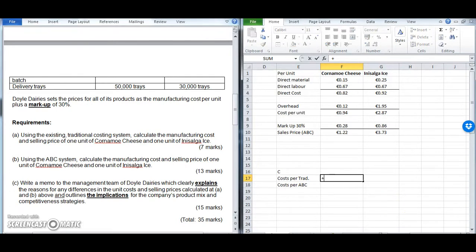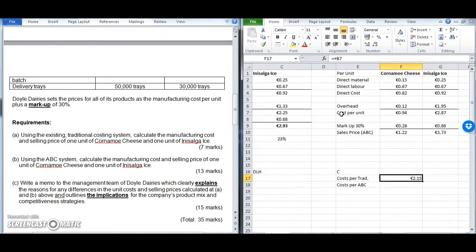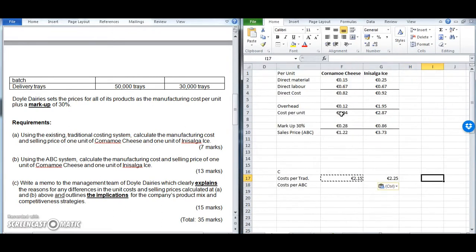The product cost for the traditional is $2.15 and $2.25. We'll just copy down these headings. So for Carnmore cheese, the cost per traditional method is $2.15 and for Inisallig ice is $2.25.